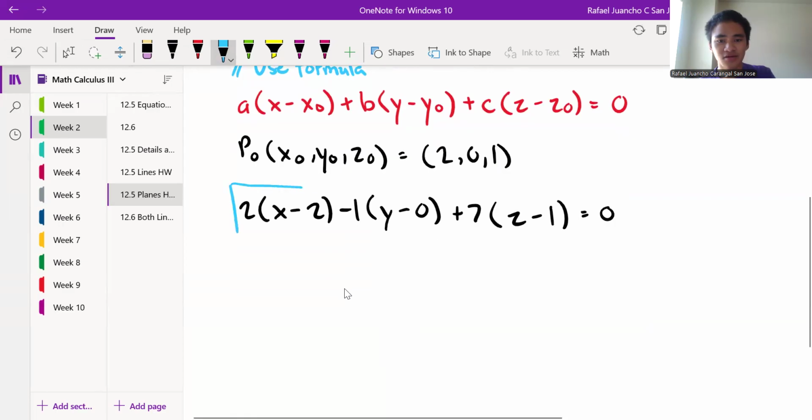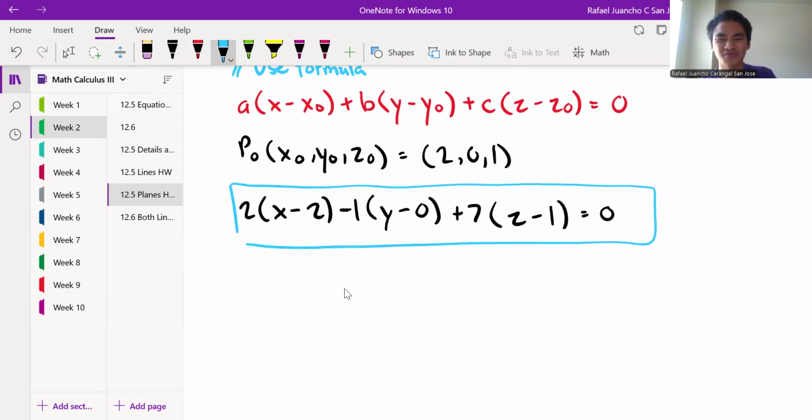Done. Now, we can choose to simplify. I'm not going to simplify.